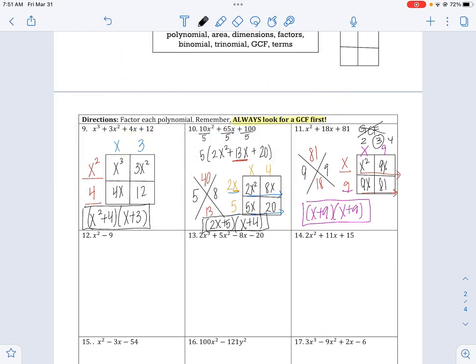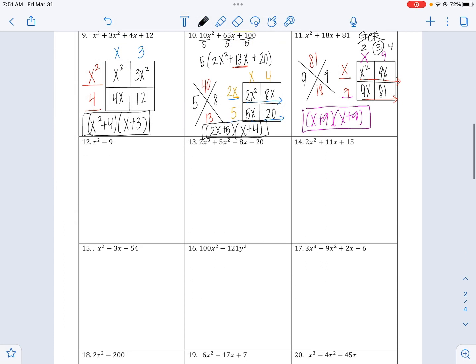Okay, let's go ahead and do number 12. Do we have a GCF? No. 2 terms, 3 terms, or 4 terms? 2 terms. Do these 2 terms have a subtraction sign in between them? Yes. Are they both squares? X times x gives me x squared, and 3 times 3 gives me 9.